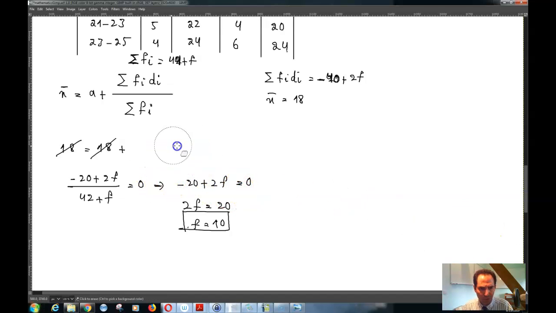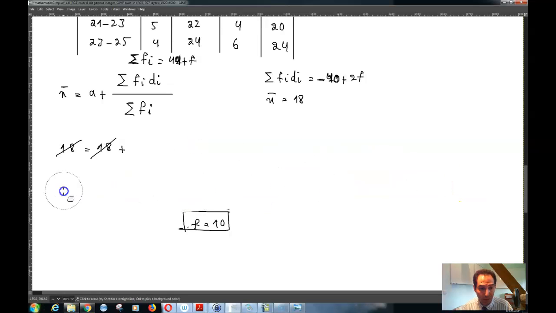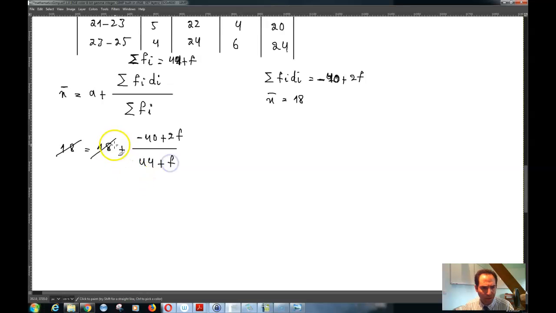So let me rewrite this whole thing. Basically x bar is equal to a plus sigma f of i d of i divided by sigma f of i, which is equal to negative 40 plus 2f over sigma f of i, which is 44 plus f.